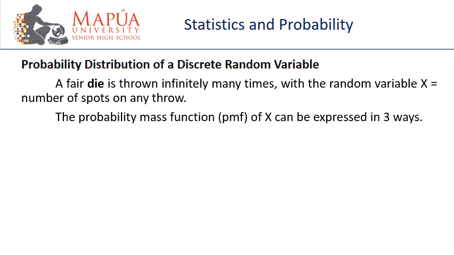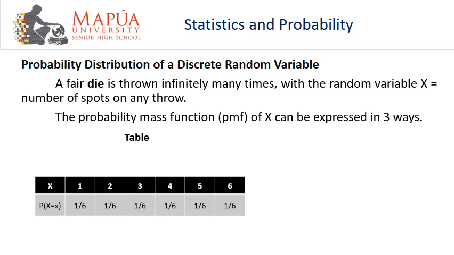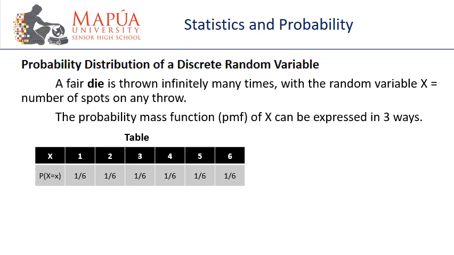We'll have to begin with expressing the PMF by a table. The tabular form of PMF has two rows, the mass points and its corresponding probabilities. For this problem, your mass points will be from 1 to 6, and therefore, each of these mass points will have 1/6 chance of occurring, so we'll have to fill in 1/6 per outcome. Now you're done with expressing PMF by a table.